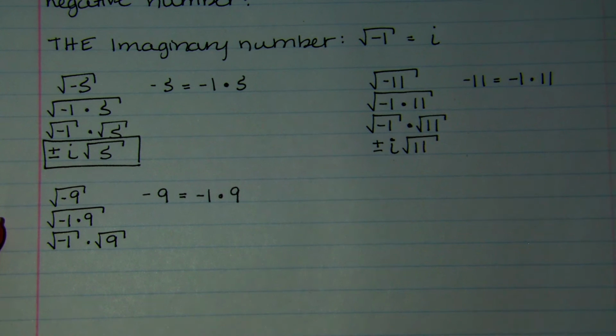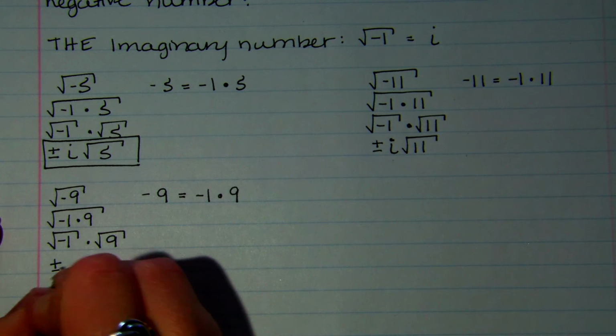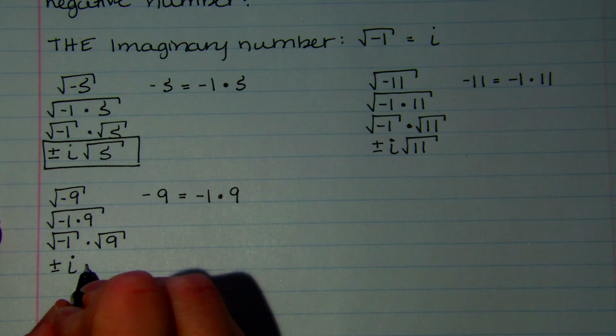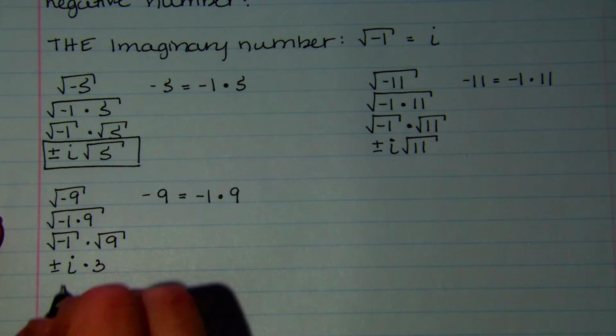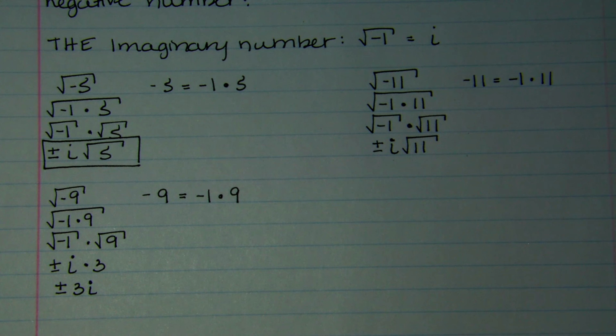And I know that the square root of negative 1 is i. And then do we know the square root of 9? Yes, we do. So this is plus or minus i times 3. And the way we write this, guys, you always write it number and then i, just so that we don't get confused. And so this is written plus or minus 3i. It goes number i.